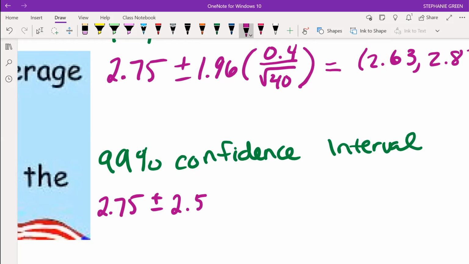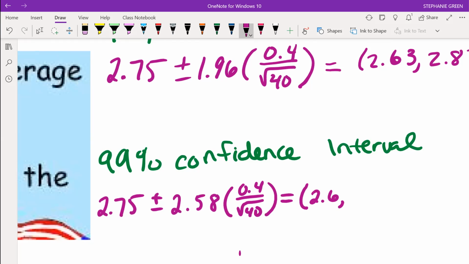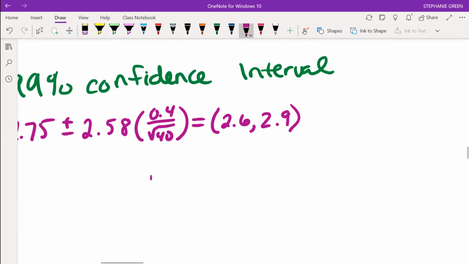Oops, can't read. 2.58 times the same standard deviation. So we subtract to get our lower bound, 2.6, and add to get our upper bound, 2.9. So here we are 99% confident that the true mean is within these two numbers.